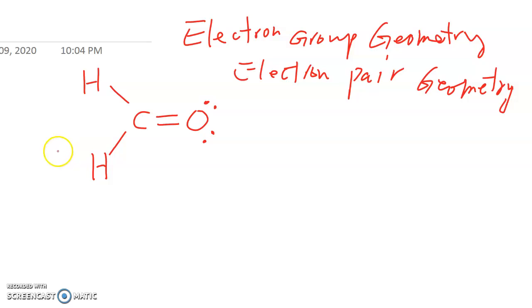What is it here? Let's look at the carbon and see how many electron groups the carbon has. A single bond is treated as one group, a double bond is also one group, just like counting how many branches come out from the carbon. So now carbon has 3 electron groups, and therefore this angle over here will be very close to 120. So each of them is very close to 120.